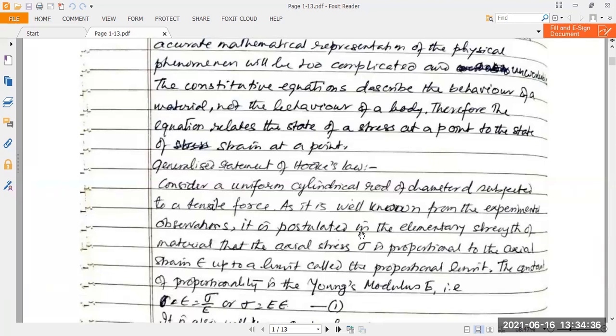This holds so long as the load, and the resulting stress, is within the elastic limit itself. And you know very well what the elastic limit is and what the proportional limit is. They are more or less the same for the material. It is the stress or load which, when removed, lets the body go back to its original shape and size.